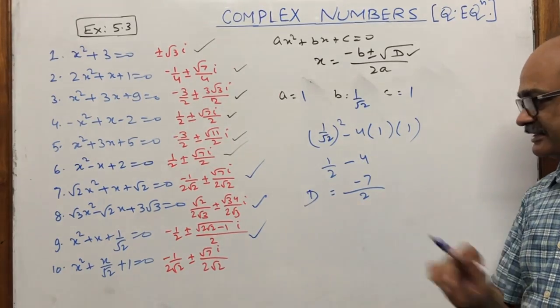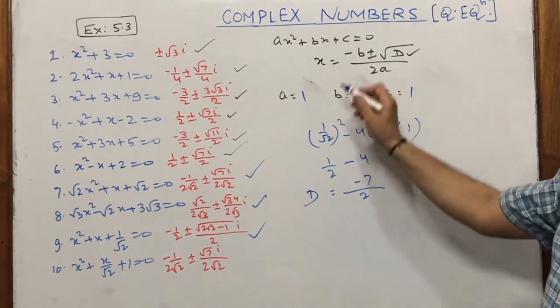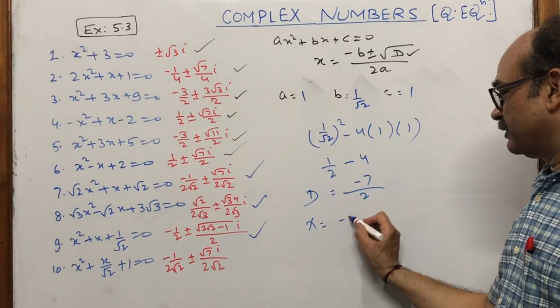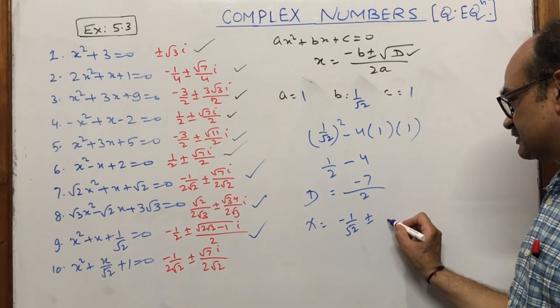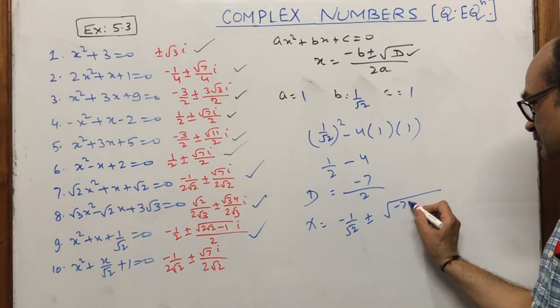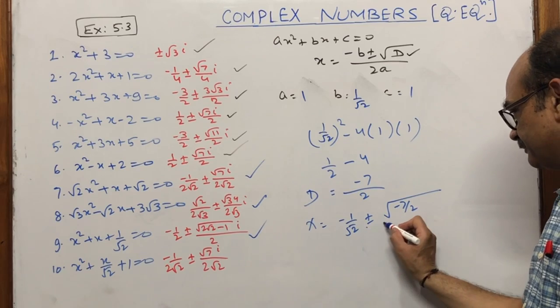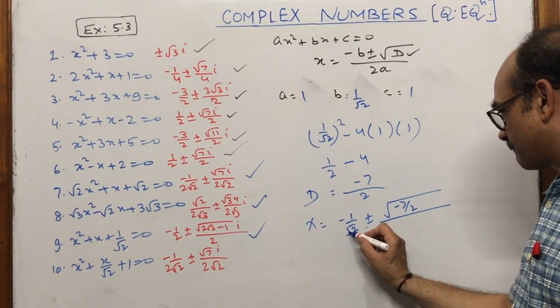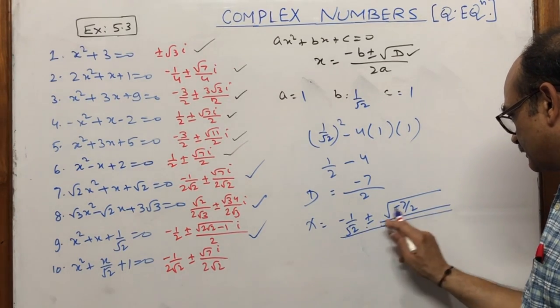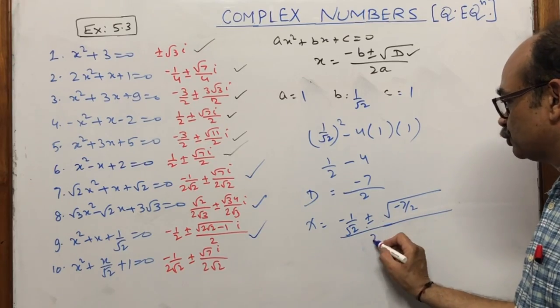Minus 7 by 2 is d. So answer of x equals to minus b plus minus root d divided by 2a.